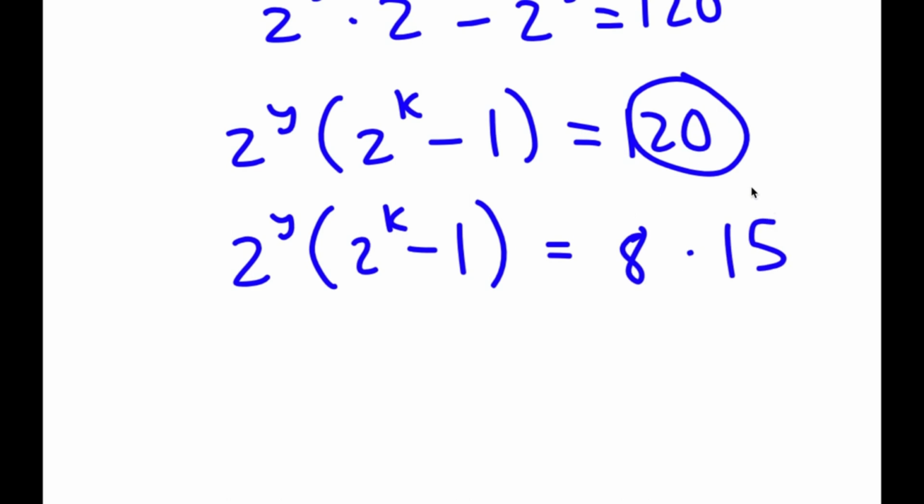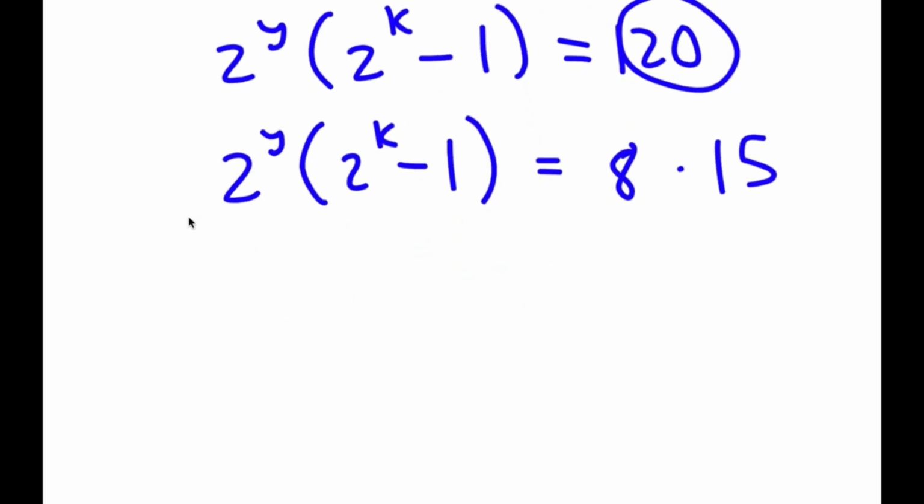So now, as you see, this is going to give me two equations. We can think of 2 to the power of y as 8 and 2 to the power of k minus 1 as 15. Because 2 to the power of y is going to be an even number, right? 2 to the power of any number is an even number. And 2 to the power of k is an even number, and an even number minus 1 is going to be an odd number.